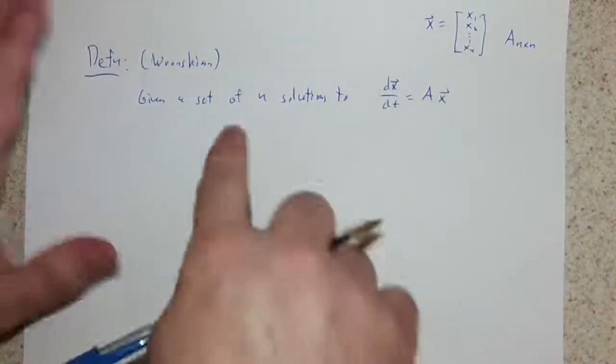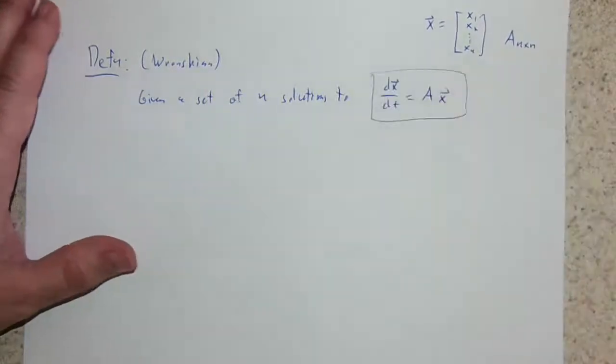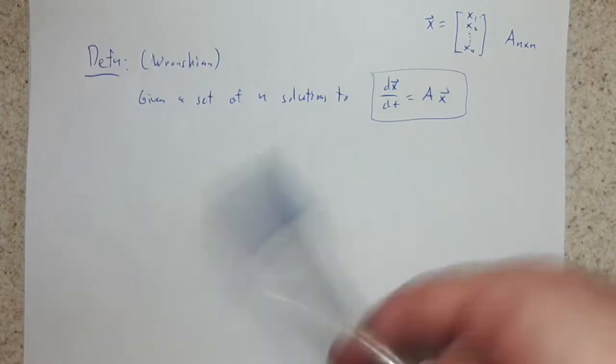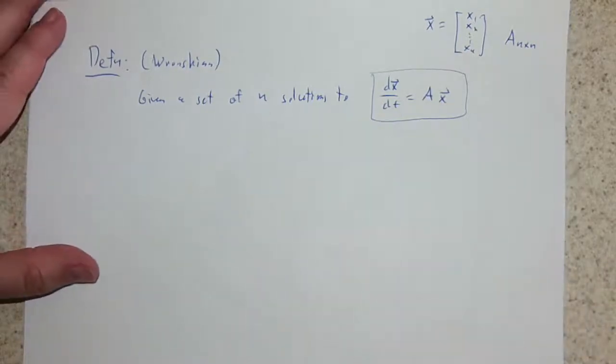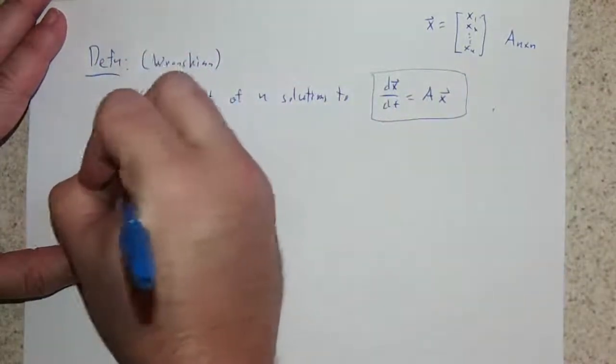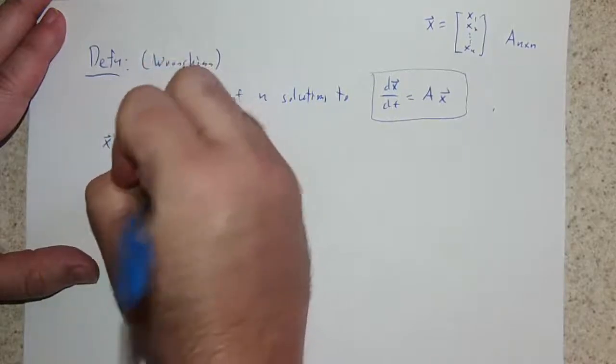So given a set of n solutions to this equation, which is a homogeneous, constant coefficient, first order linear system, we'll call the set x1 of t, x2 of t.